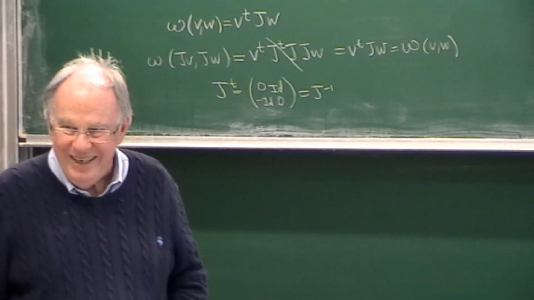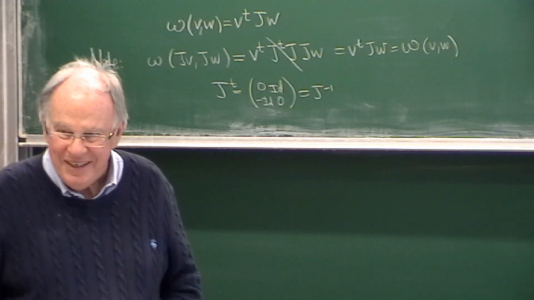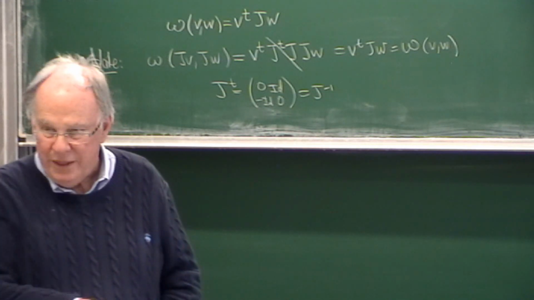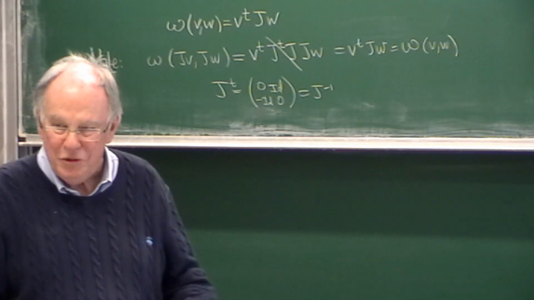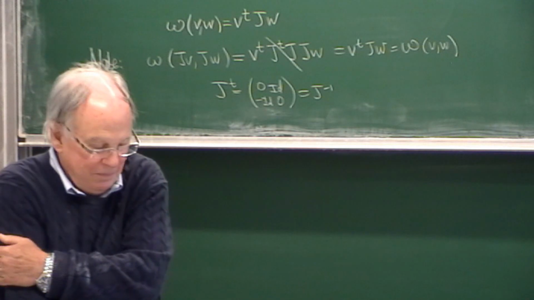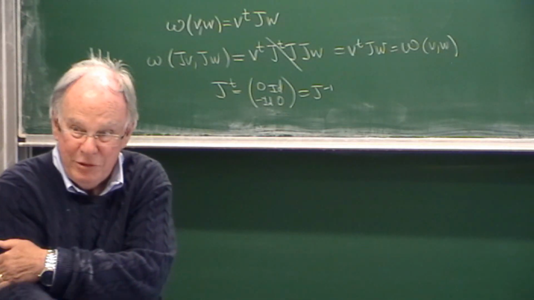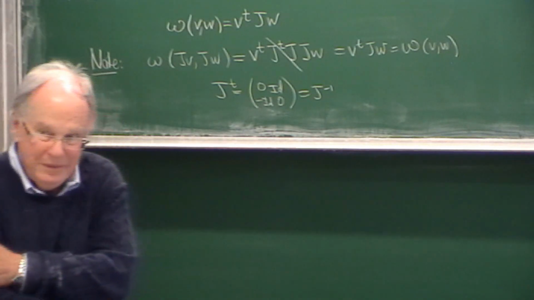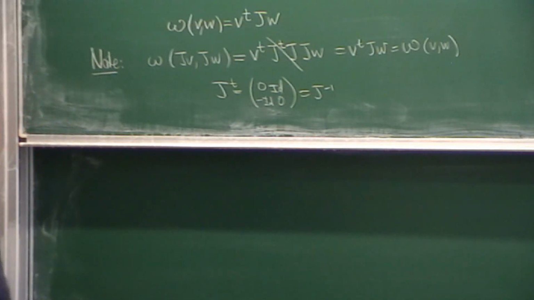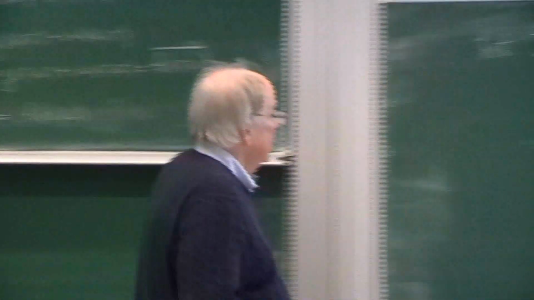But if you write down a basis, you will see that J transpose is always the inverse. It's a good question, because transpose is somehow metric related. Very good questions. Thank you very much.